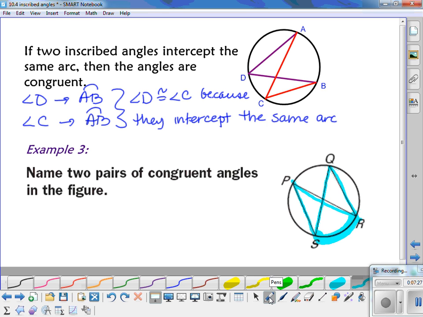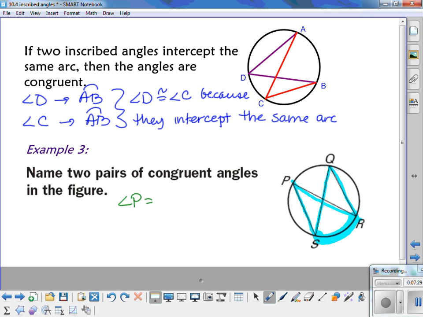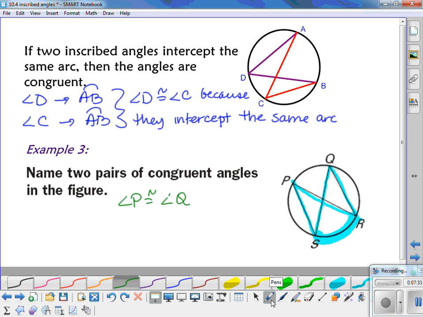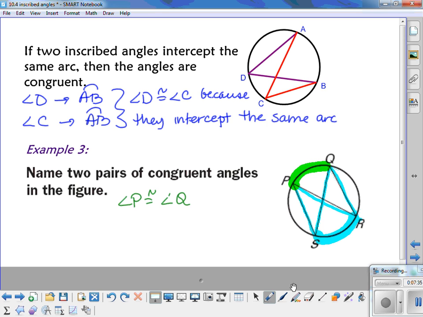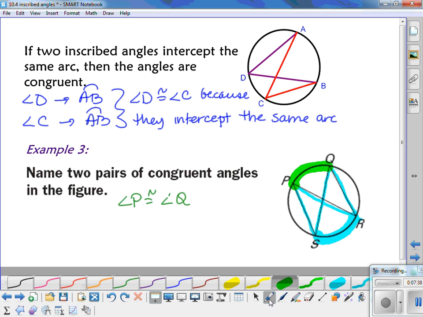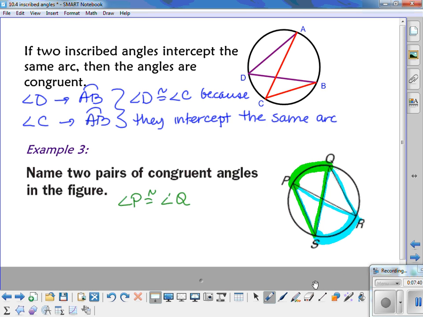So I know that angle P is congruent to angle Q. And if I look at the other side, PQ, there I have angle S and angle R. So angle S and angle R are also congruent.